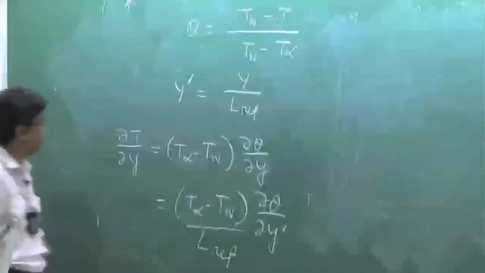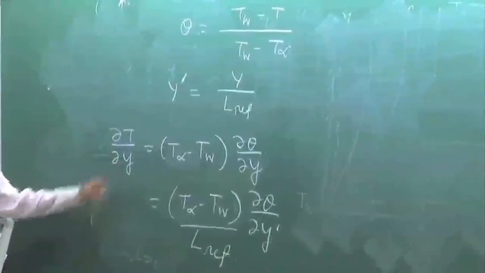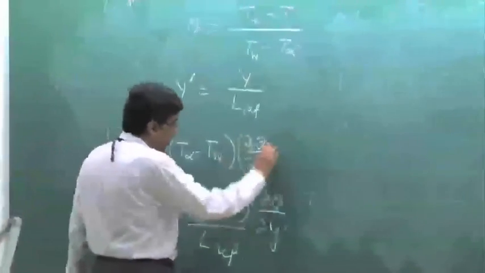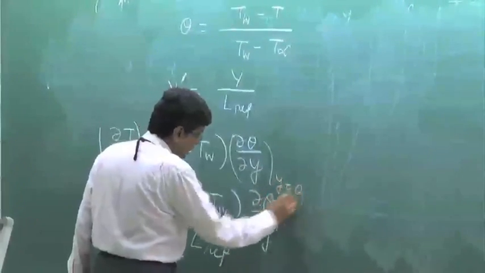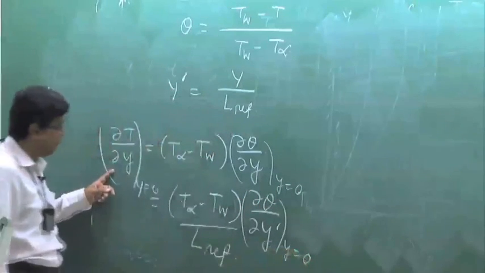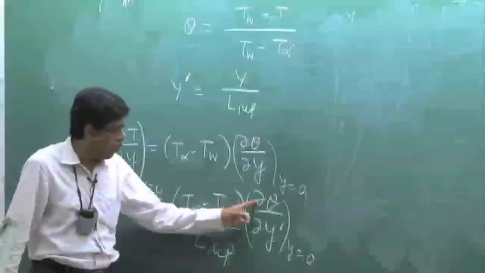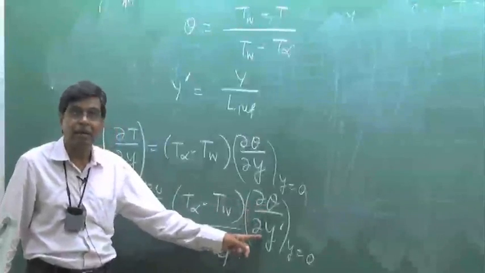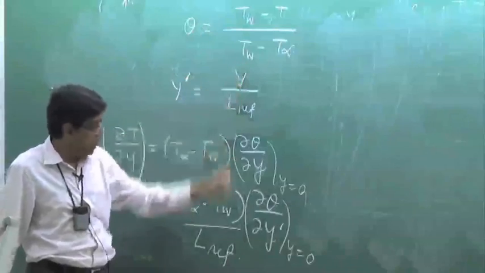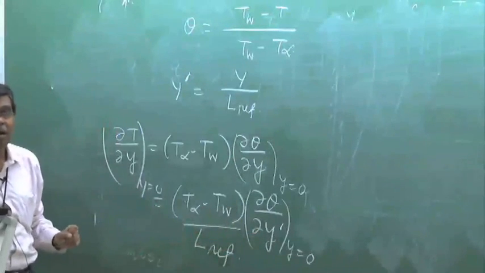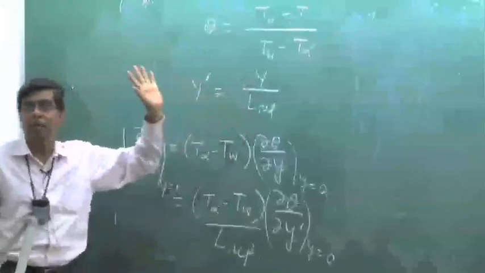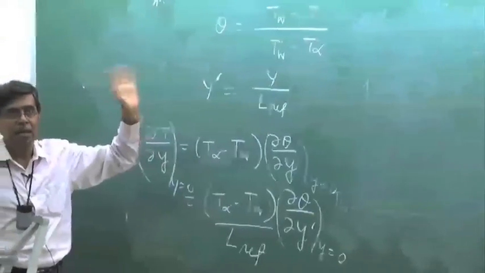So now if I put this, and it is valid for y is equal to 0 also, in this equation, that means del T del y in terms of a non-dimensional temperature gradient, where the non-dimensional temperature is defined like this, and the non-dimensional y coordinate is defined like this, y by some length scale, reference length scale.